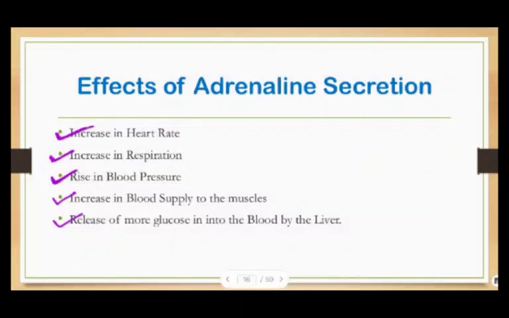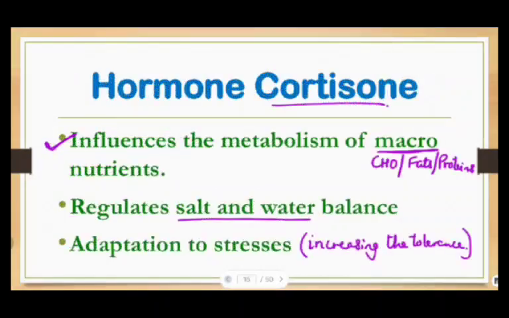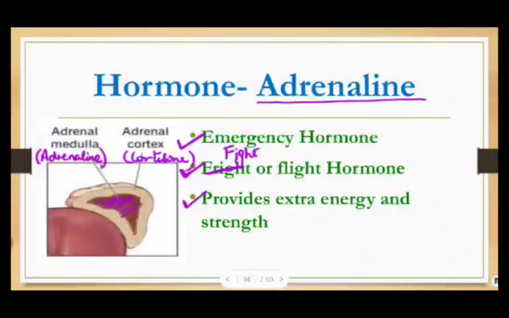All right. So, what did we study about adrenaline? The adrenal gland secretes adrenaline. We know about its placement. It is located above the kidneys like a cap. The adrenal gland has two parts. One is the inside part, which is the medulla, and the outside part, which is the cortex.